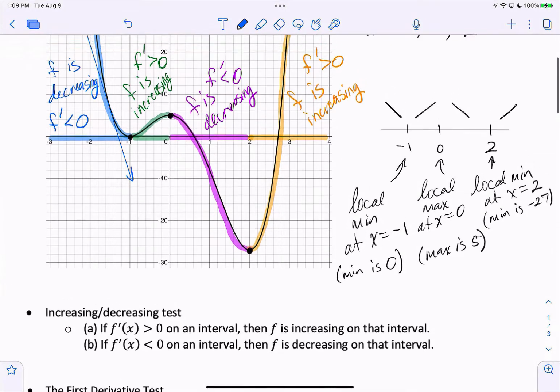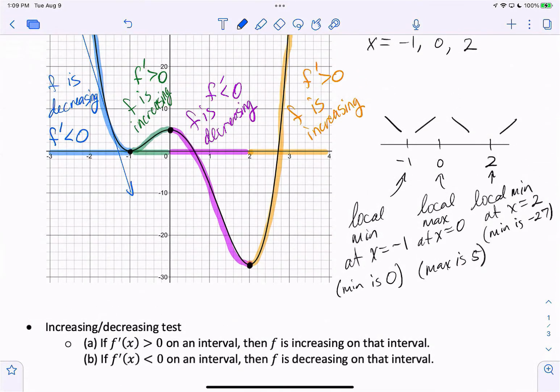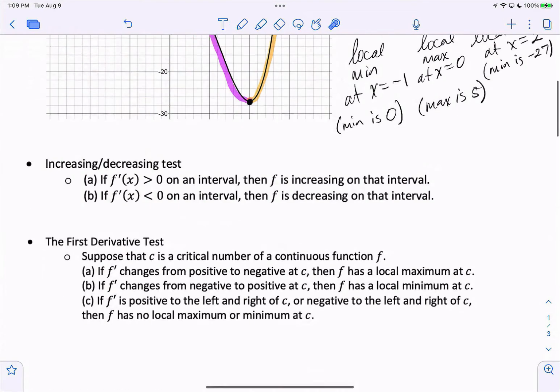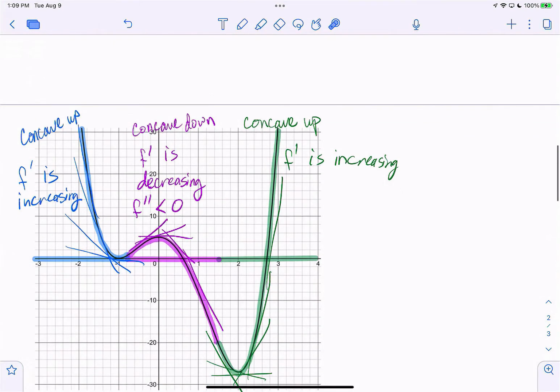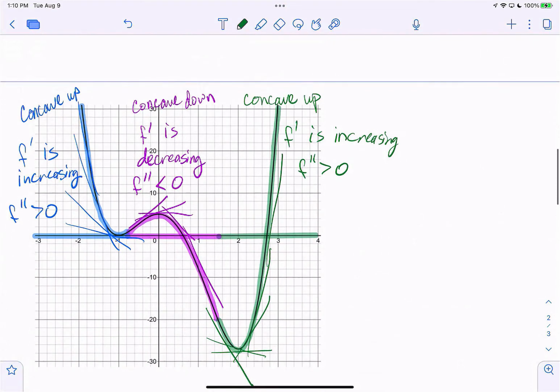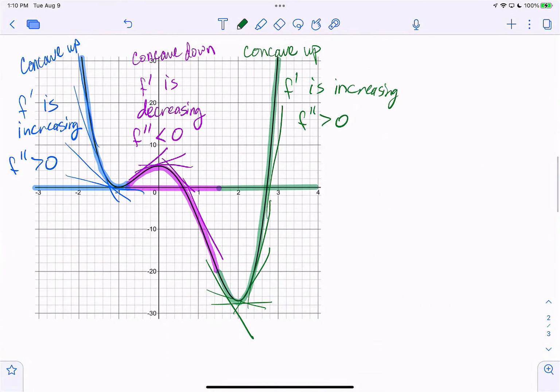Stick with me. Let's go back. When f prime is positive, then f is increasing. So here, if f prime is increasing, then f double prime is positive. That happens in both the blue and the green regions.